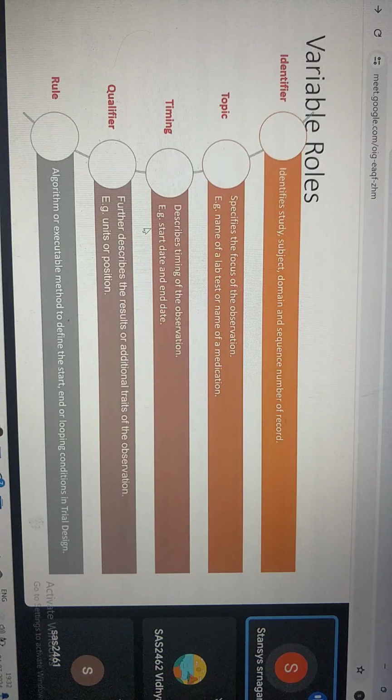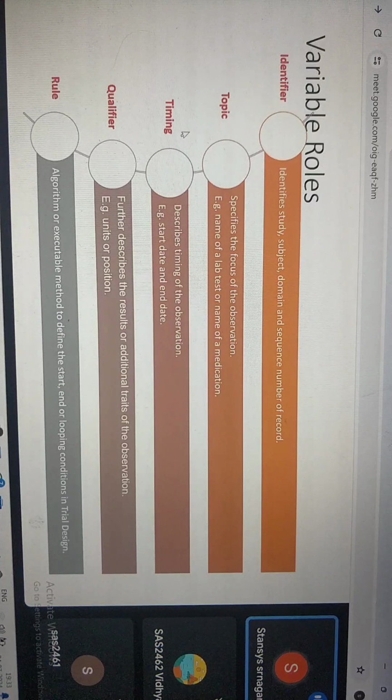For demographics, when it was collected: DMDTC. For exposure, when the subject took the medication: EXSTDTC, exposure start date. Likewise, all date and time related variables come under timing variables.